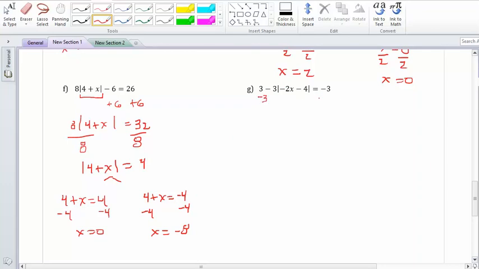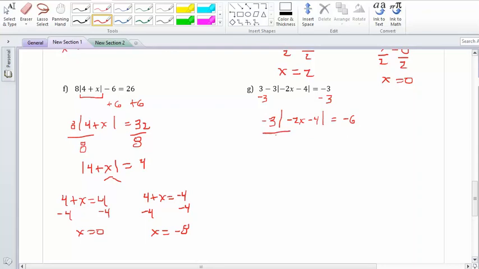Just as we would if this were 3 minus 3x equals negative 3, we need to get this initial 3 out of the way to begin with. Alright, we get negative 3 times absolute value of negative 2x minus 4 equals negative 6. That's a mouthful.